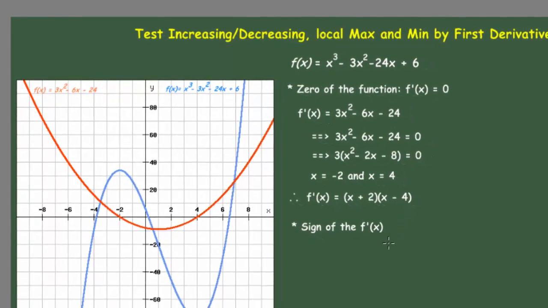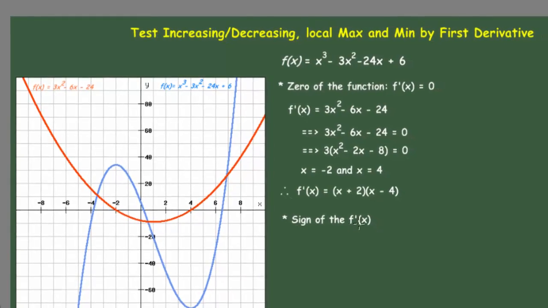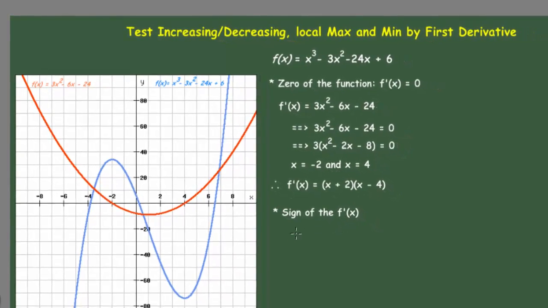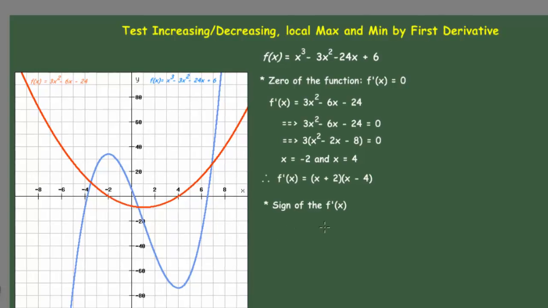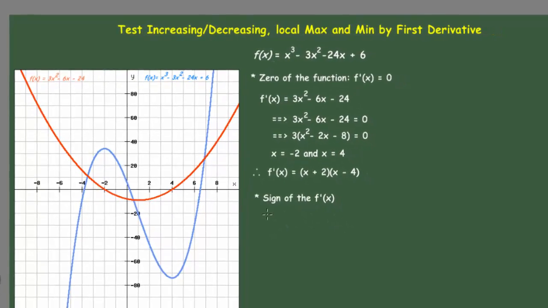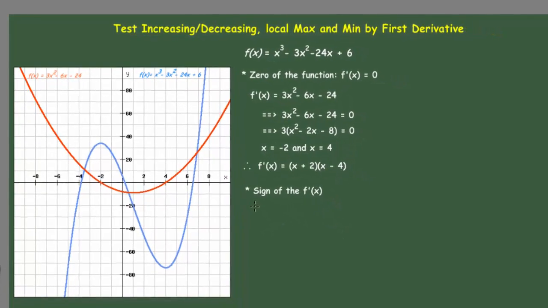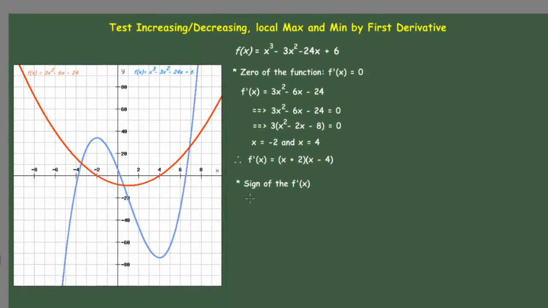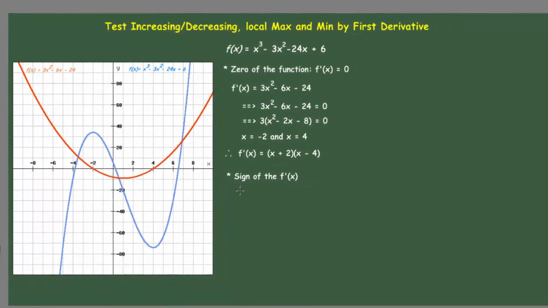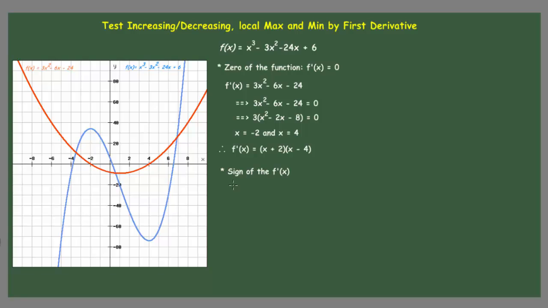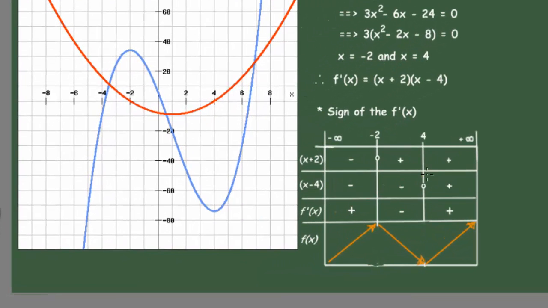So the next thing to do is look at the sign of the derivative f prime of x. You can use a number line or a table of signs, whatever means you want. I'm going to use a table of signs, and this is what we're going to do right now. This is our table of signs for f prime of x.